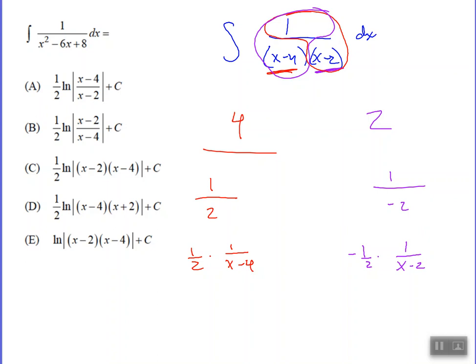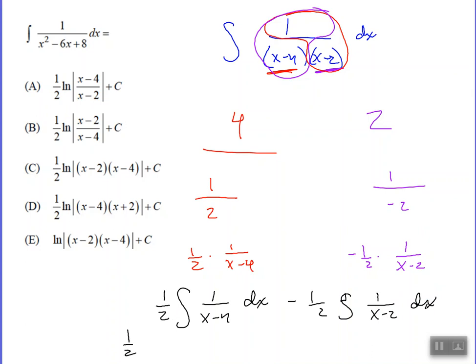Okay, so now I need to integrate both of these pieces. So I have 1/2 integral 1 over x minus 4 and a -1/2. Okay, so 2 simple integration problems where we're going to have a 1/2 out in front of each one.